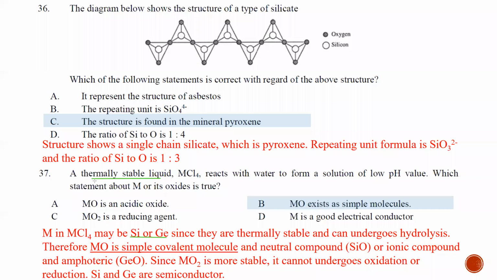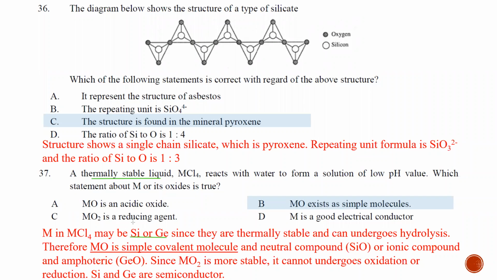Okay, so A, MO is an acidic oxide, but it is either neutral or amphoteric, so A is wrong. B, MO can exist as a simple covalent molecule, which may be true for silicon. And then MO2 is a reducing agent?